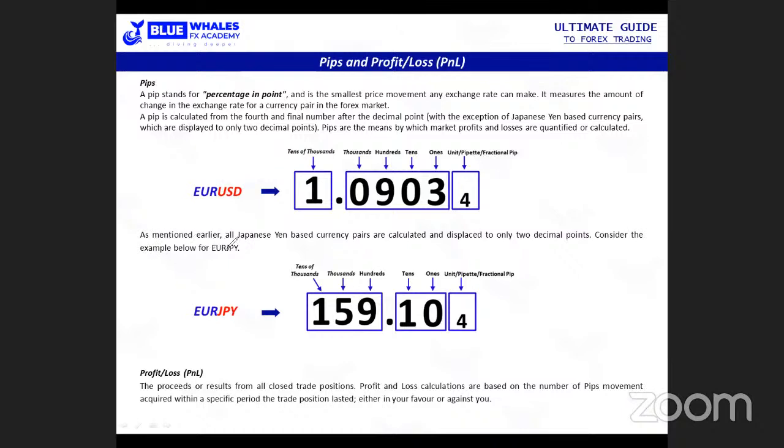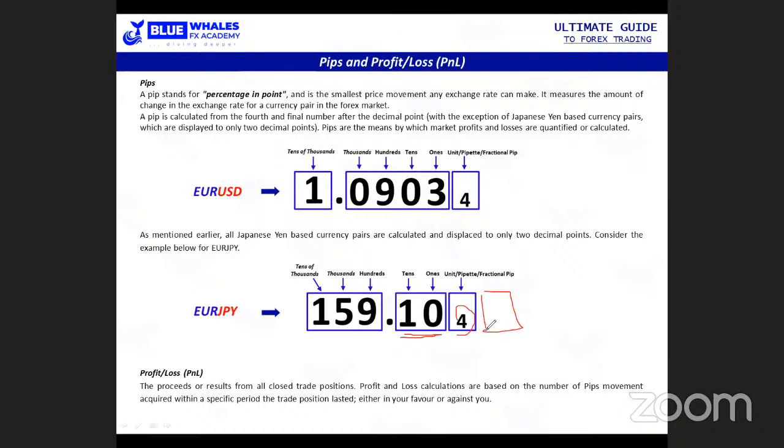As mentioned earlier, all Japanese yen-based currencies are calculated and displayed to only 2 decimal points. Let's consider the example below for Euro JPY. The same concept, but this one has only 2 decimal places, and this one has another number here. Sometimes other brokers will give you up to 4.